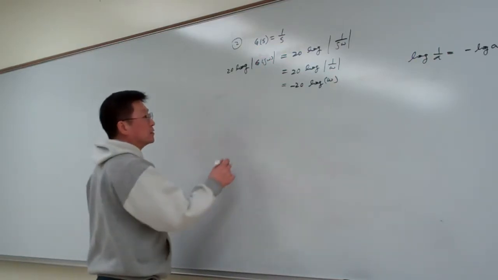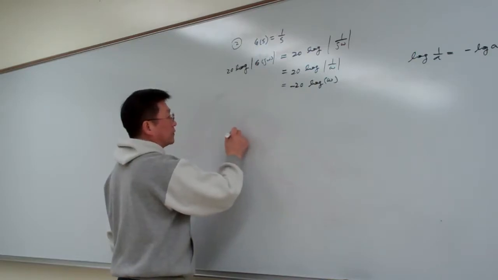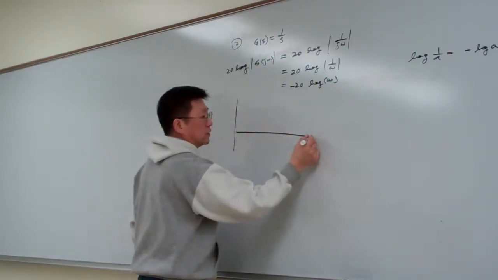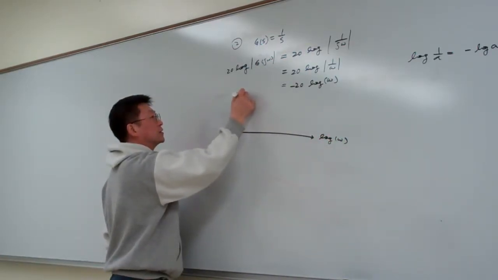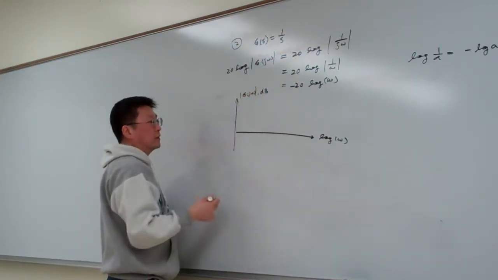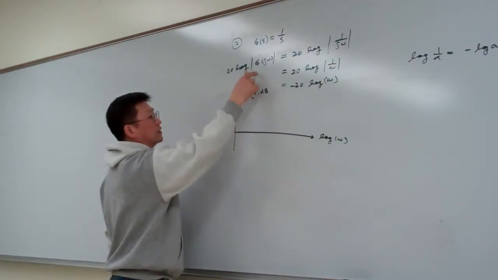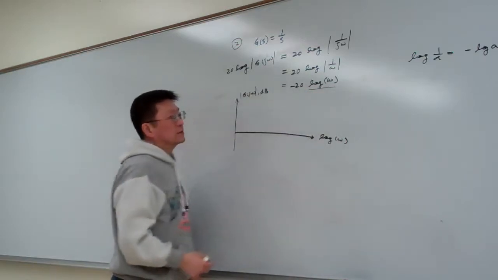Okay, and so for this case, this is in terms of log omega, and this is the magnitude again in dB. So now you can see the magnitude is in a linear relationship with respect to this.